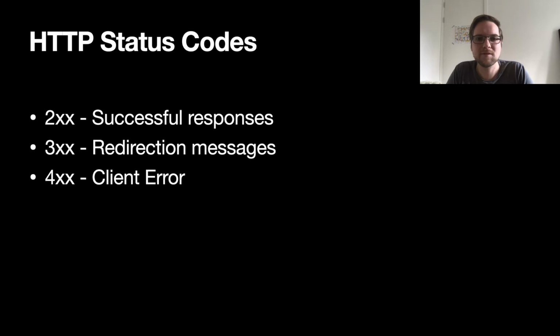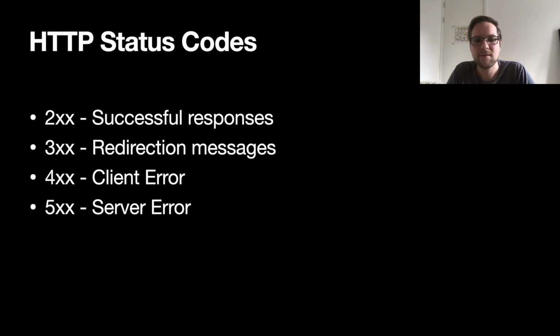Another, maybe the most popular HTTP error, is 404, not found. If you try to go to a URL that the server doesn't know exists, you'll get a 404, cannot find. There might also be authentication errors. If you don't have access to a website, you will probably get a 401, unauthorized.